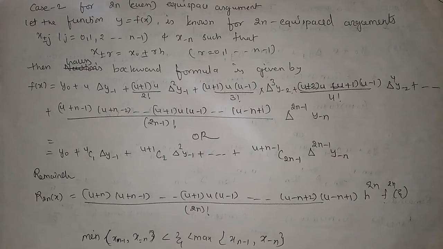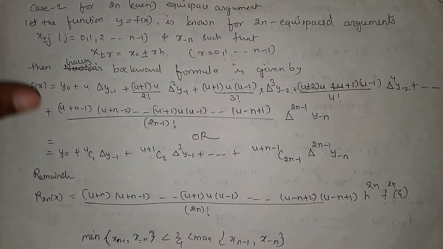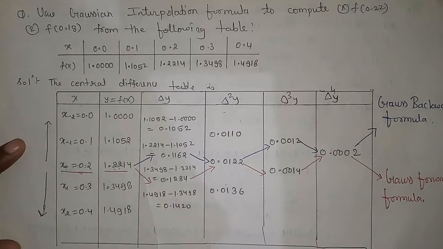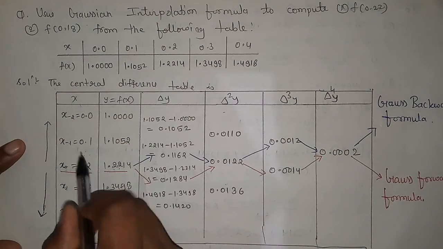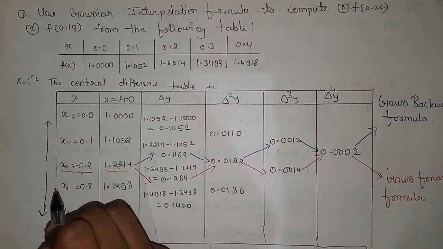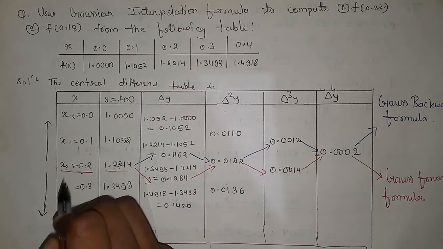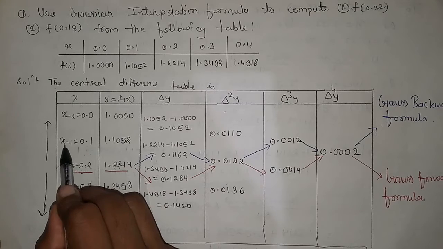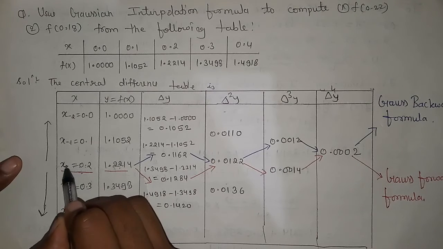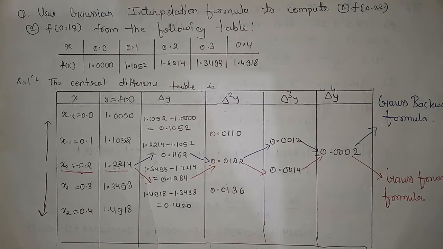Now we will solve a question. The same question which we solved for the Gaussian forward interpolation formula, now we will solve f(0.18) by the Gaussian backward interpolation formula. First of all, 0.18 lies between these two values, and I have already told you that for backward interpolation the value should lie before x0. So the choice of x0 is correct.